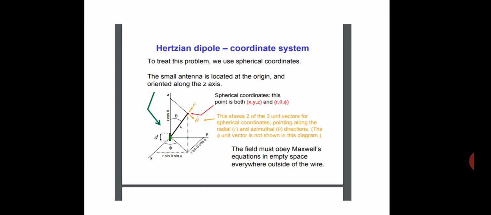In spherical coordinates, a point is given by x, y, z and also by r, theta, phi. The coordinates point along the radial and the polar angle theta direction. The field must obey Maxwell's equations in free space everywhere outside of the wire.